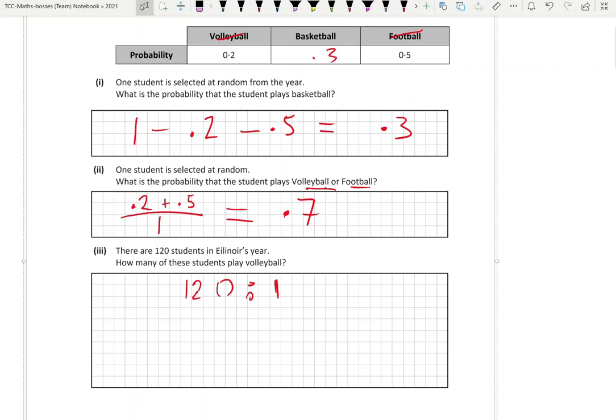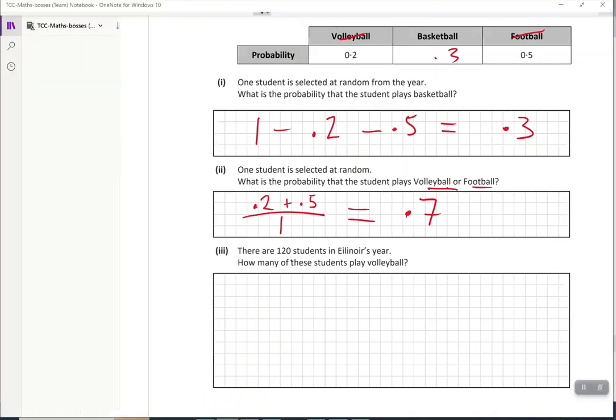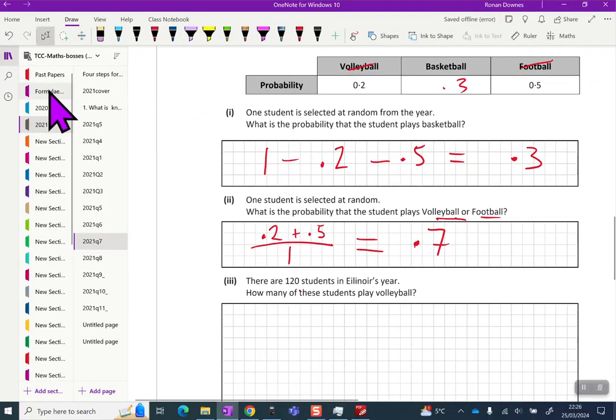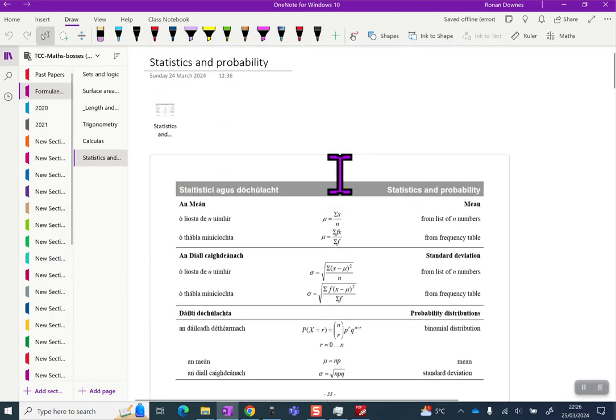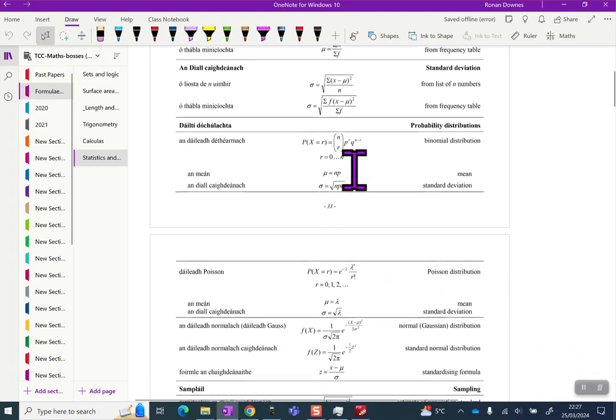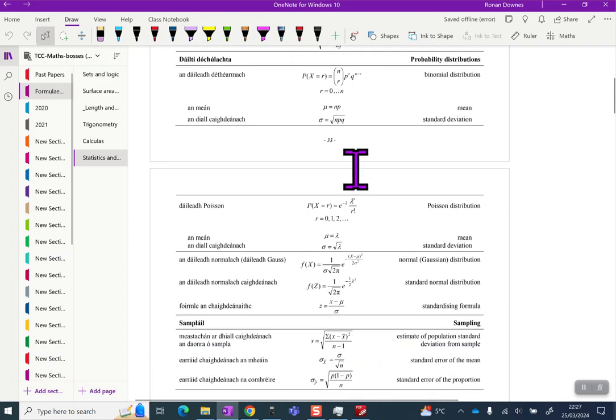Or the expected value is another idea here. You get the expected value by multiplying the probability by the number, and that's actually in the log table, so let's take a look at it. I think it's in here.